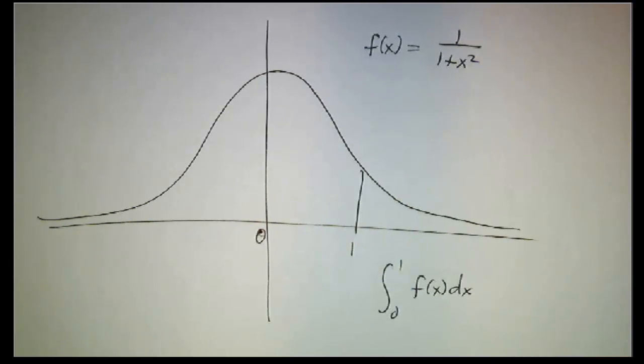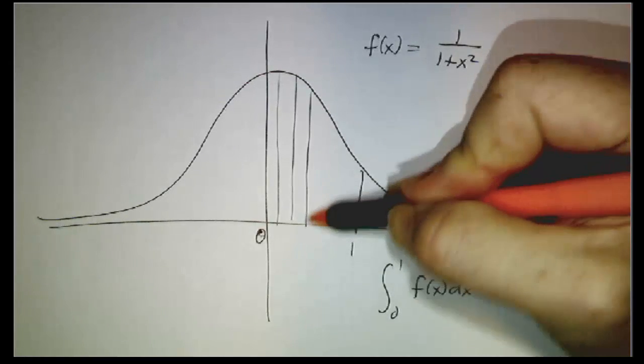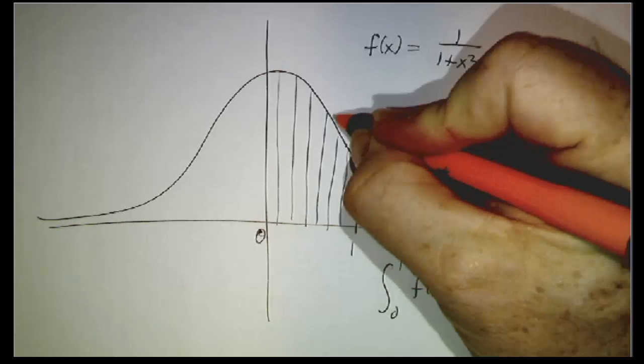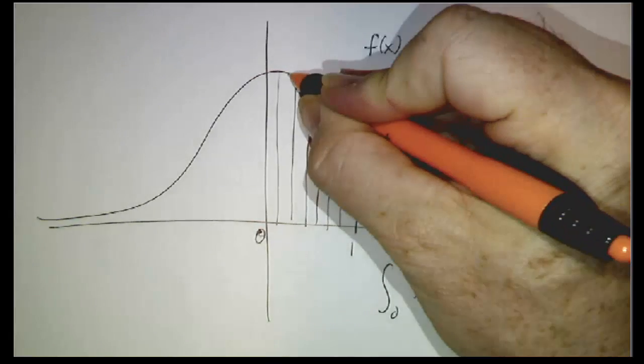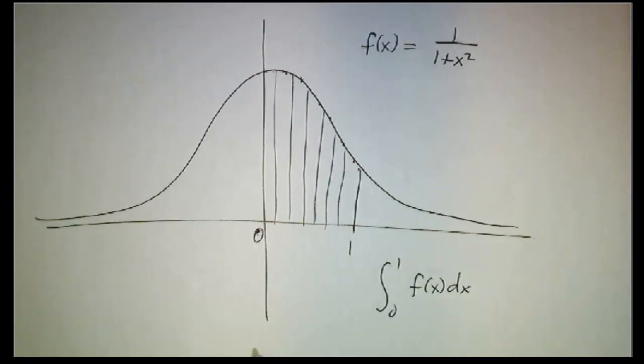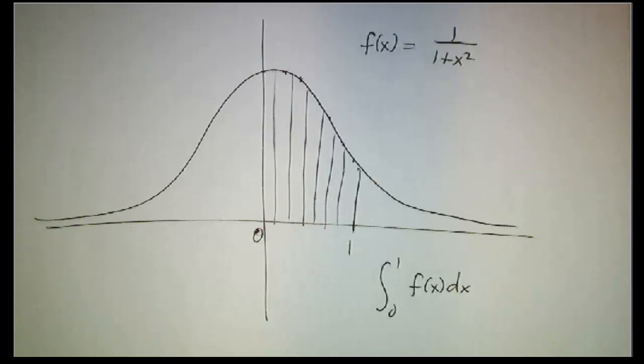Now, you could do it by slicing this into little pieces, picking a point in each little interval, evaluating little f of x at that point, multiplying it by the width of the interval, adding them all up, and then taking a limit as you slice up finer and finer and finer. Not easy. It can be done, but it could take you years. Instead, we're going to use the fundamental theorem.